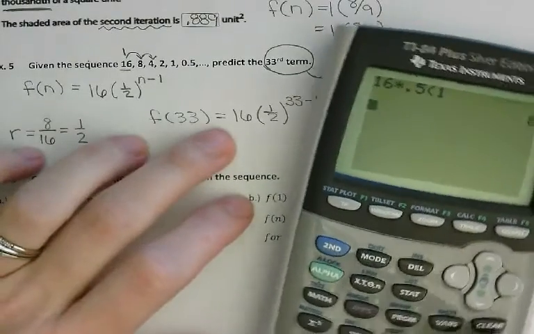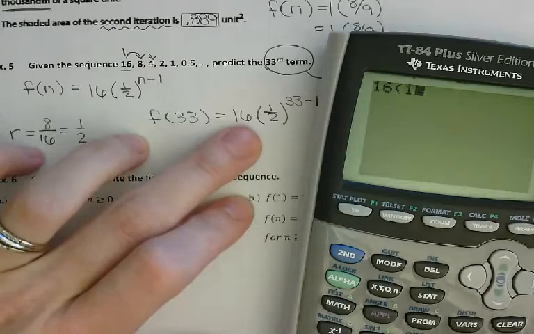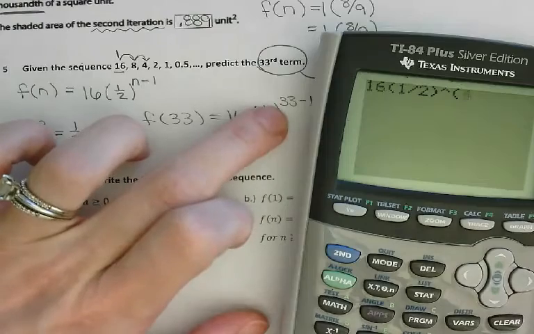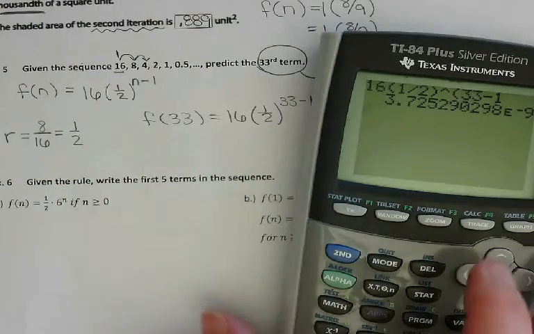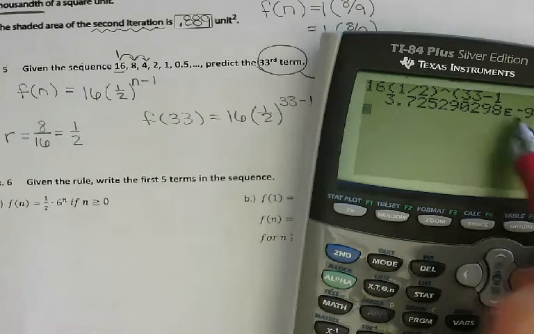All right, and again, we always want to be careful when we're typing things in. So I'm going to type in 16 times 1/2, and I'm going to put parentheses around this just so my calculator reads it correctly, 33 minus 1. Okay, so we get a crazy, crazy small decimal. So that means I need to move that decimal place over 9 spots.